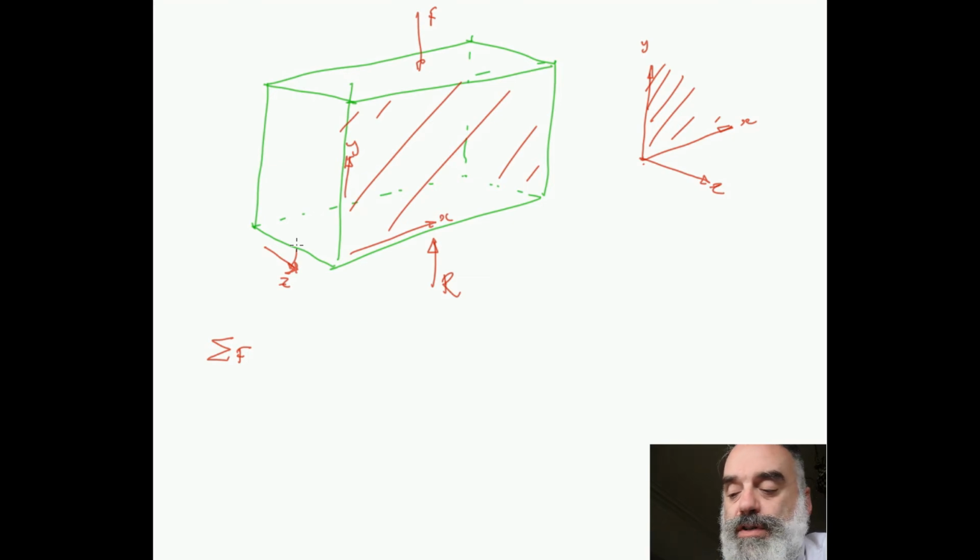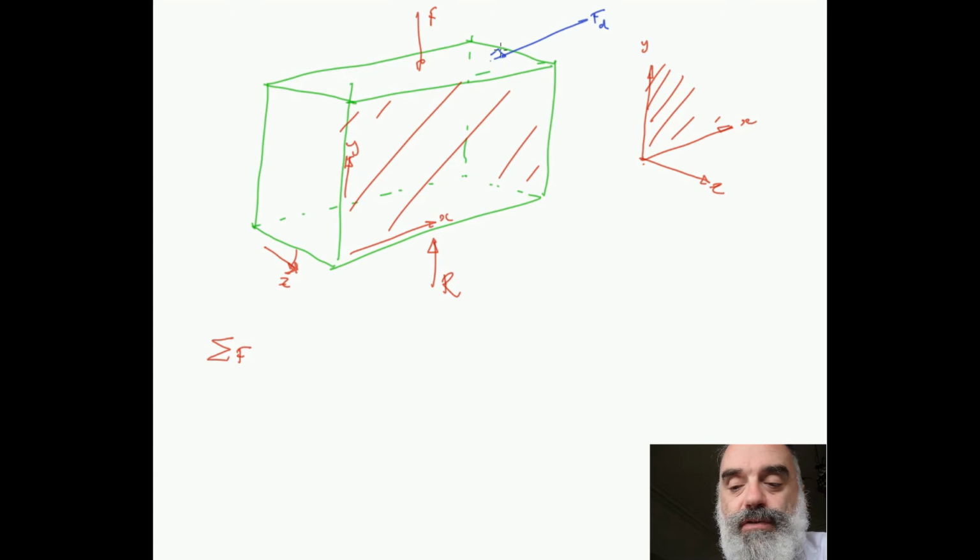Okay, so any force in any direction, some random action, and it might be F, and we'll give it a subscript D for our design action. So this is the action that we're designing this structure for. That can be resolved into 3 components in these 3 orthogonal axes. So we can resolve it into the X, Y, and Z directions, and we can consider its components.